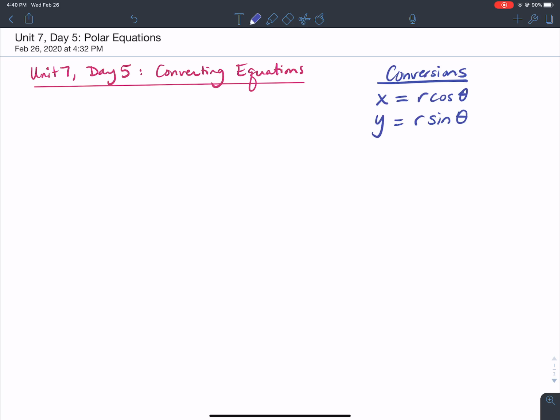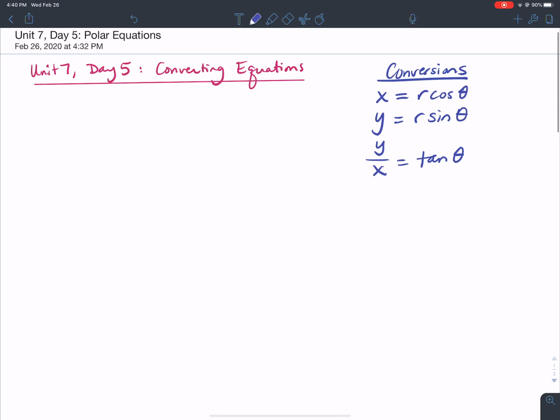We know that y divided by x will give us the tangent of an angle. And we also know that the square root of x squared plus y squared will give us our magnitude, or the radius, if we're talking about polar form.